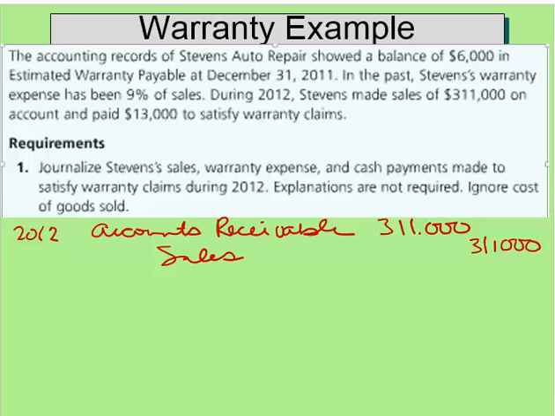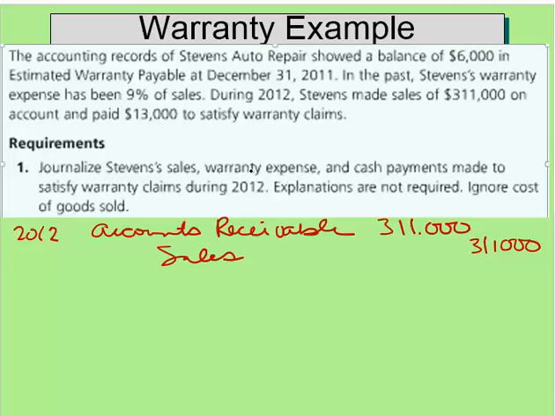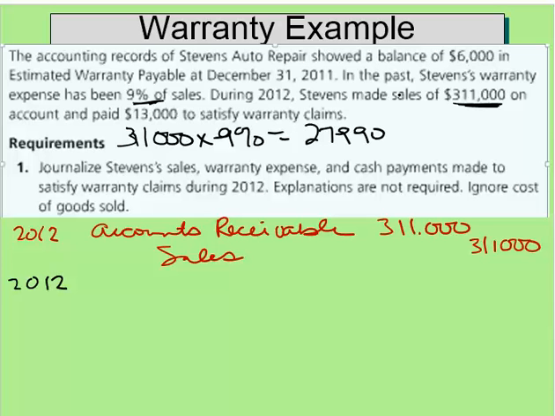Okay, so then it says to record the warranty expense. So in the same time period when we make the sale, we want to go ahead and determine how much warranty expense is going to be incurred. So it says their sales were $311,000, and their warranty expense has been 9%. So take the $311,000 times 9%. That gives us $27,990.